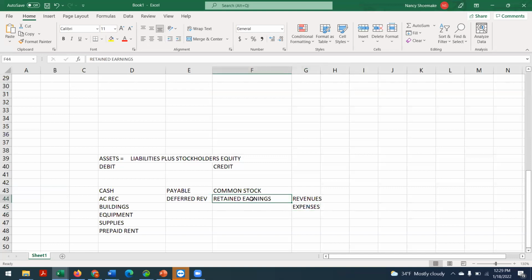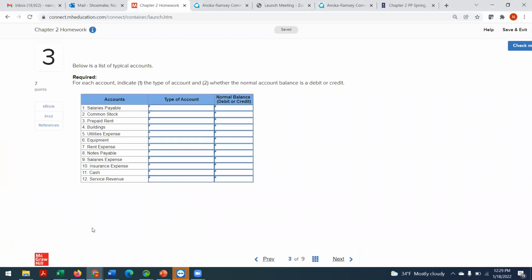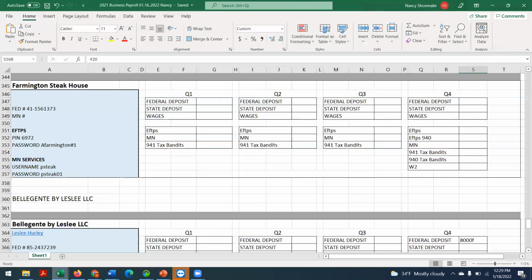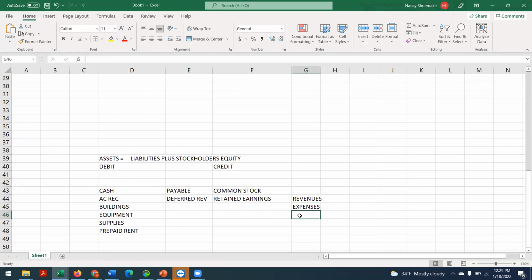Revenues increase retained earnings, therefore they have a credit balance. Expenses decrease retained earnings, therefore they have a debit balance. Would you write minus dividends there or no? Yes, ma'am. Dividends also have a normal debit balance, and they would also reduce retained earnings.